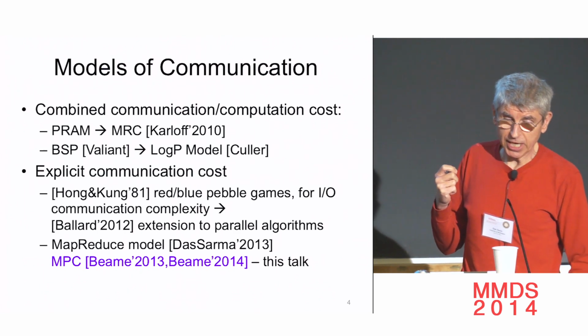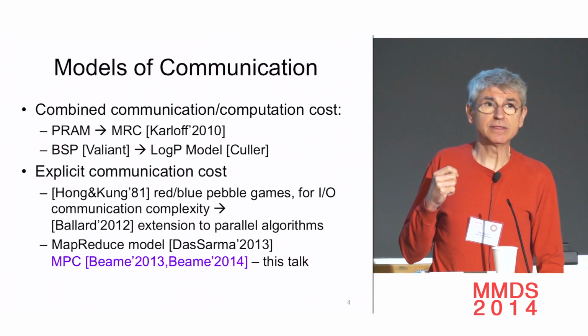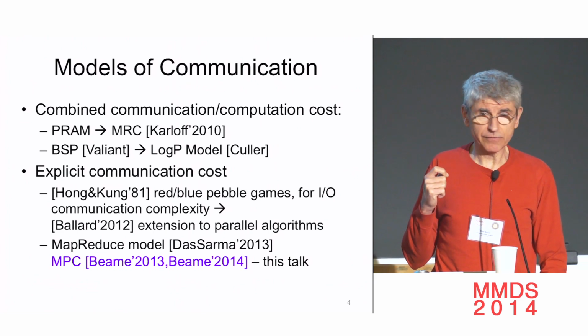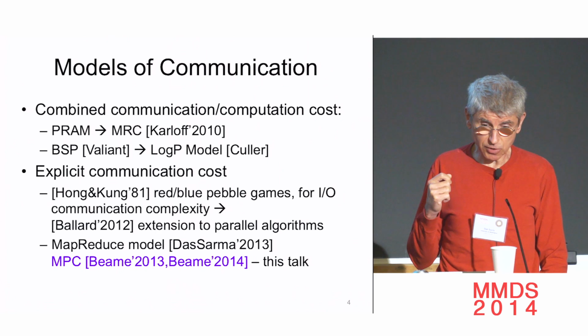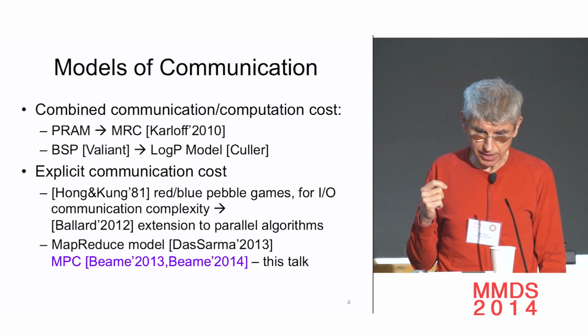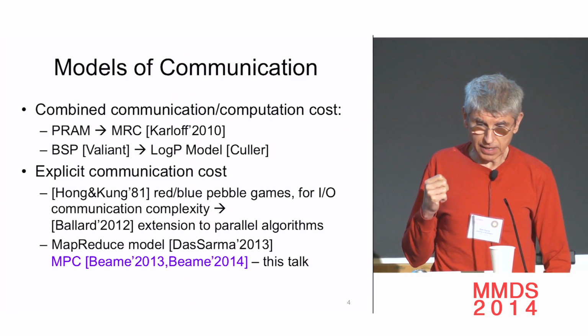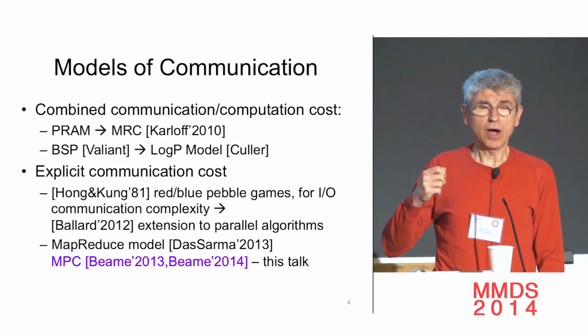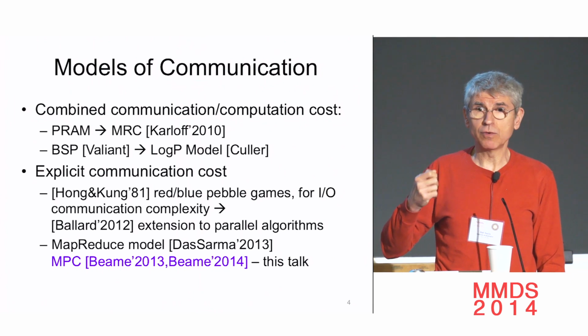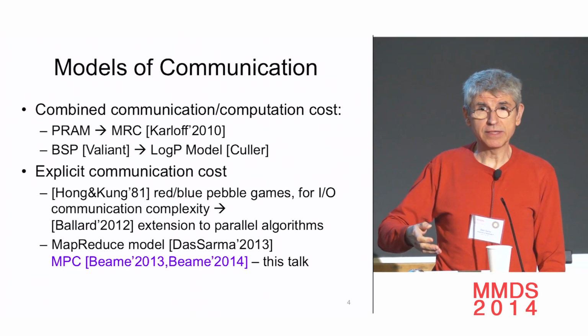Explicit models of communication, interestingly, have been designed in particular for studying the I/O cost. The earliest model by Hong and Kung, which is very well known, is the red-blue pebble game, which measures how much I/O you need, how much communication you have to pay from disk to main memory.